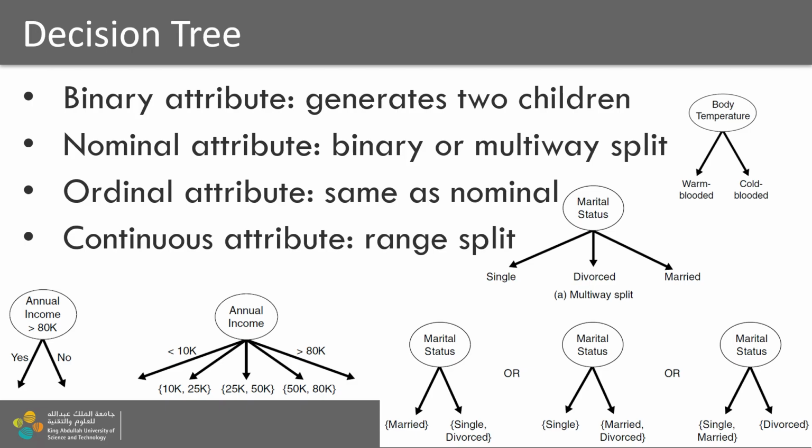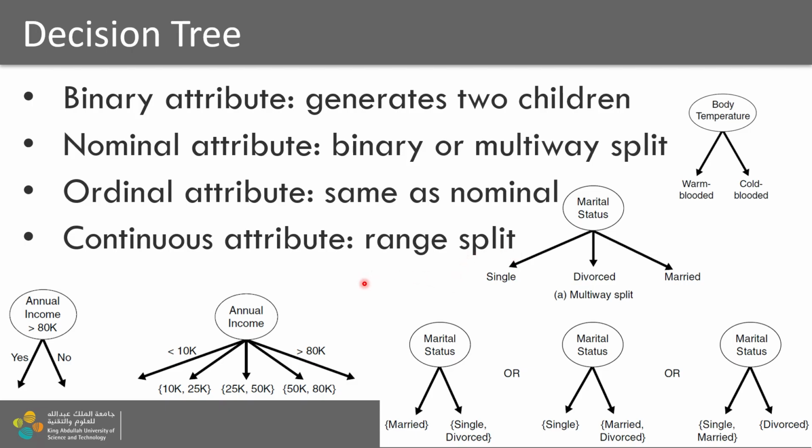We can either have a multi-way split, or we can have a binary split, grouping maybe small and medium into one category and large into another, or maybe large and medium into one category and small into another. In the case of an ordinal attribute, it will make less sense to group S and L into one category and M into another, but sometimes we can imagine scenarios where that might make sense.